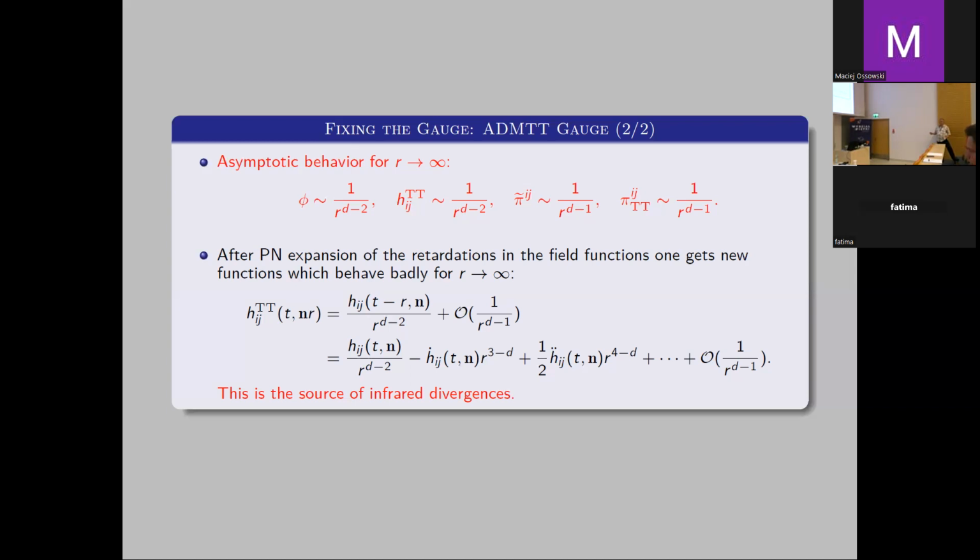In three dimensions, this term is constant in space. It can depend on the direction n. The next term already diverges like r at infinity in three dimensions, and we can live with this. There is no escape, and this is one of the sources of infrared divergences.